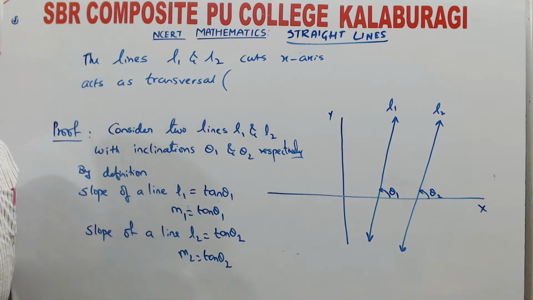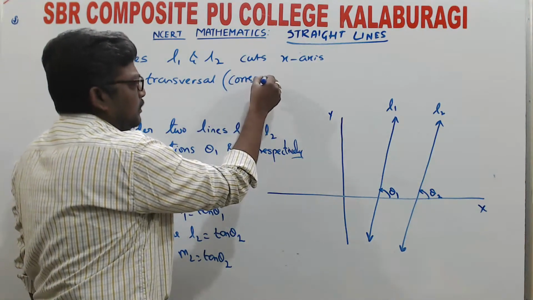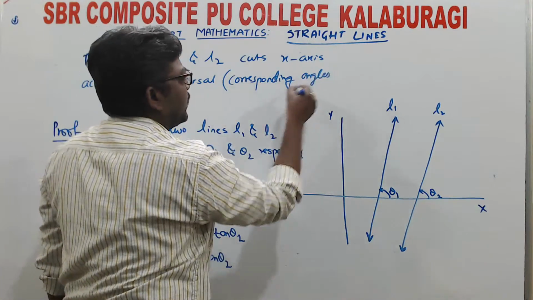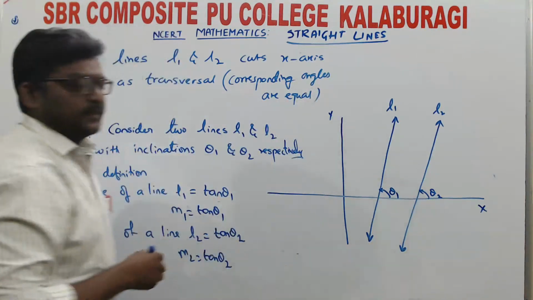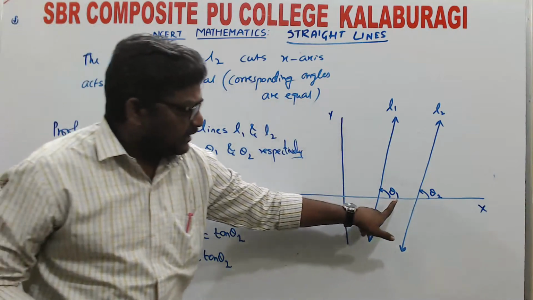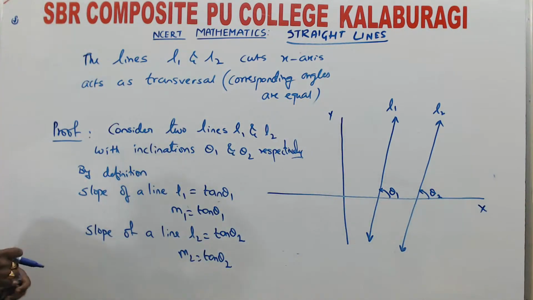What is meant by transversal? With a transversal, corresponding angles are equal. What are the corresponding angles we have here? Theta 1 and theta 2.